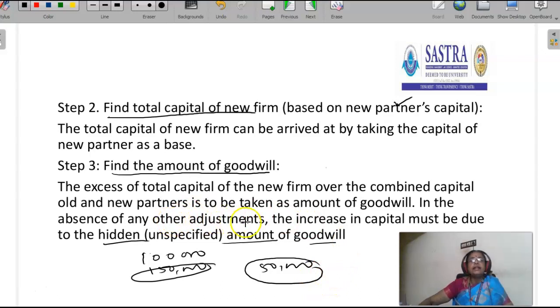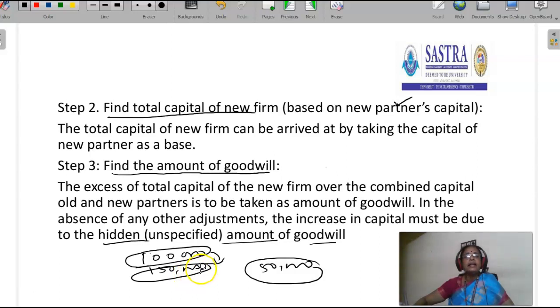This 50,000 rupees is considered as the value of goodwill. In the absence of any other adjustment, it has increased from 1 lakh to 1,50,000. The new firm capital is 1,50,000; previously it was only 1 lakh. Here also we have added the new partner's capital, but here the basis is the new partner's capital.